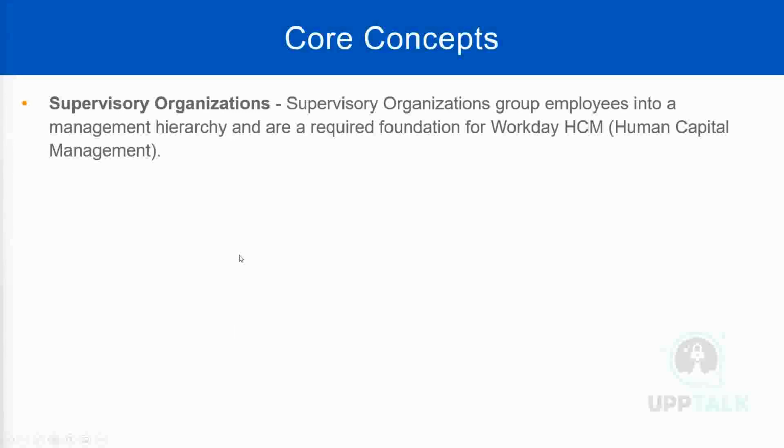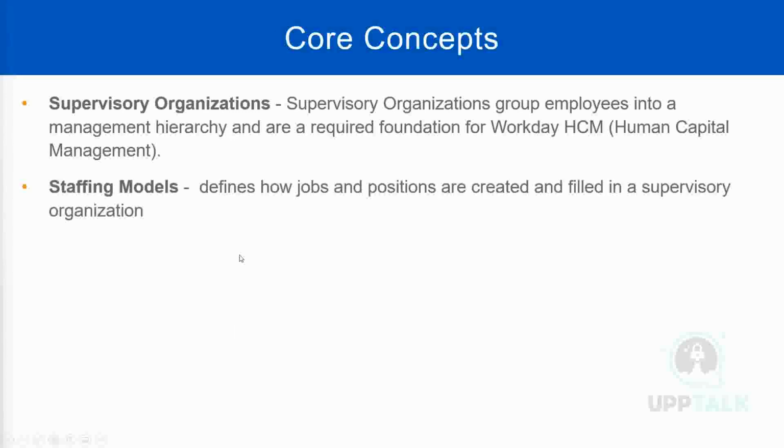Then we have something called staffing models. Now, this will define how the jobs and positions are created and filled in the supervisory organization. In the demo session I talked about hiring, let's say, a director versus a sales associate, correct?